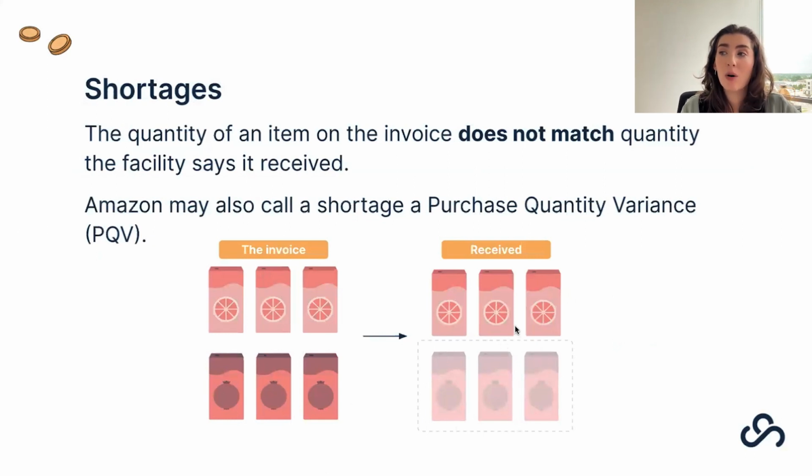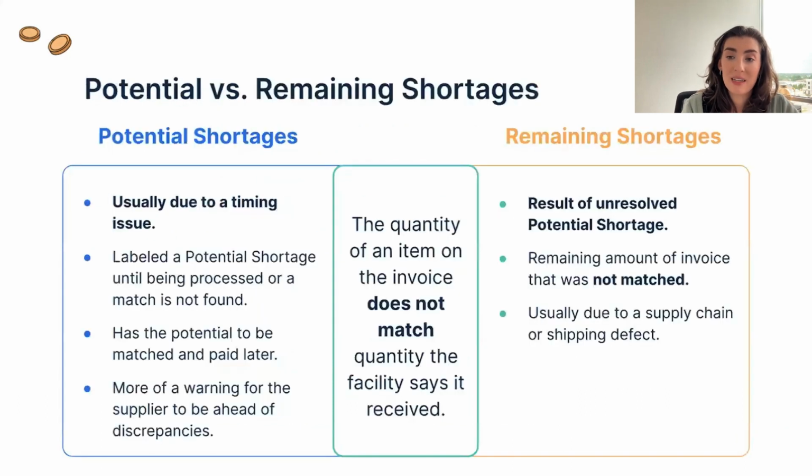Well, maybe on further inspection, if they opened the boxes up, they would see that both of the boxes were labeled grapefruit, showing an overage of the grapefruit and a shortage of the pomegranate, but really it's just a labeling defect and the pomegranate juice is present. It just looks like it's in a grapefruit case pack. That's an issue that we've seen, and that can be a reason where you might have a shortage and an overage.